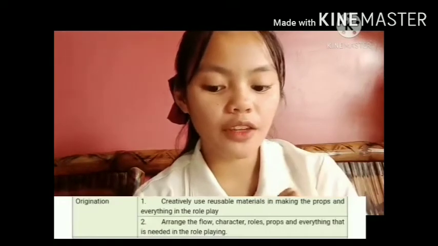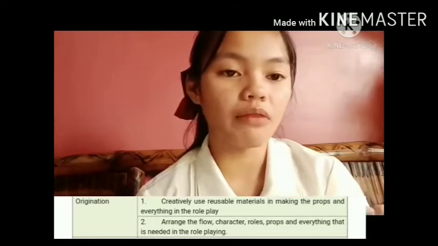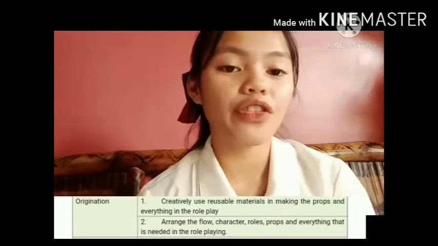So lastly, the origination, where a new pattern is created to fit a particular situation. In origination also, creativity is emphasized, where they will creatively use reusable materials in making their props and everything that is needed in the role play, and also arrange the flow of the characters, roles, props, and everything that is needed.